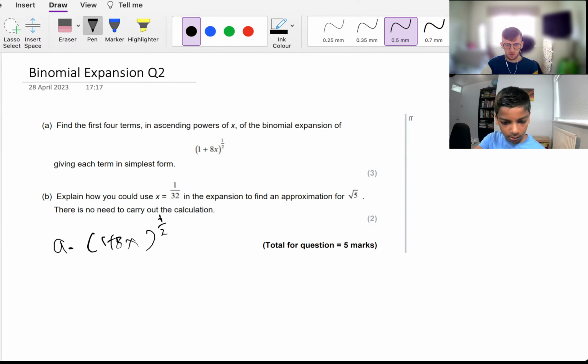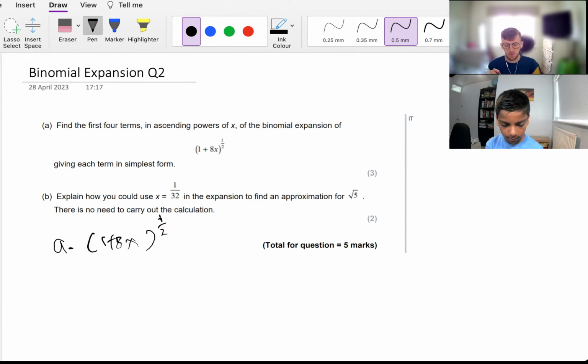For each term we multiply by n, then n minus 1, then n minus 2, and so on, and then divide by the term number factorial.